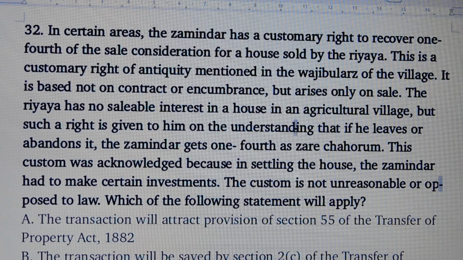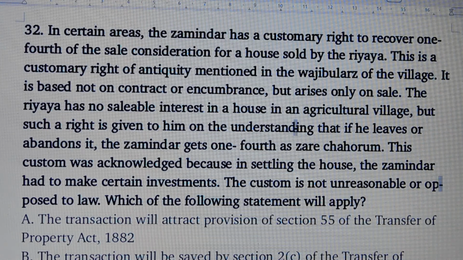The riaya has no saleable interest in a house in an agricultural village, but such a right is given to him on the understanding that if he leaves or abandons it, the zamindar gets 1/4 as zare chahram.